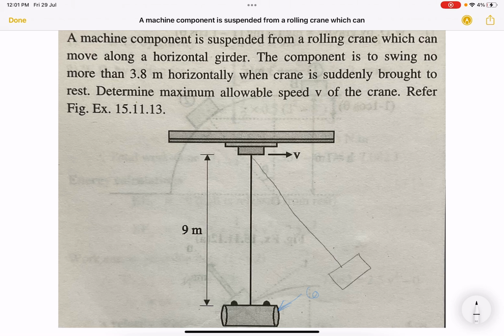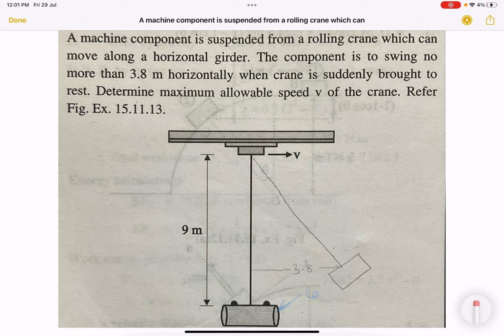And you are told that the velocity v should be such that this component moves only 3.8 meters horizontally. That means this distance is 3.8 meters. Please note that this is the length of the component, the string.